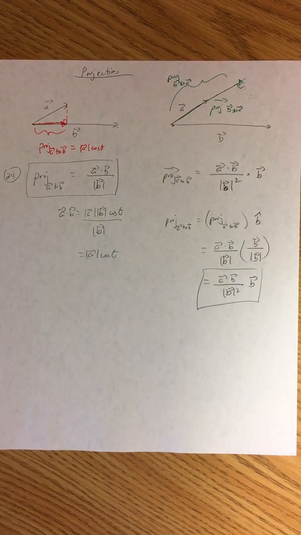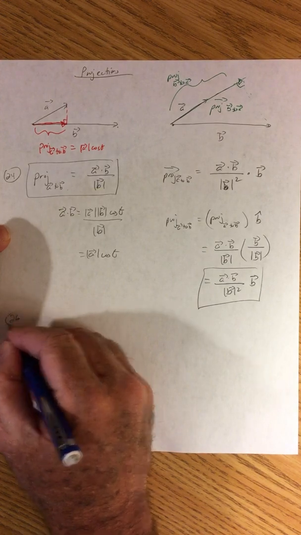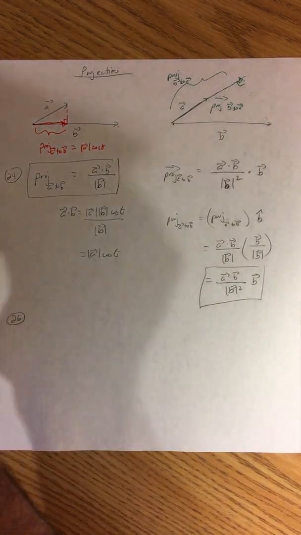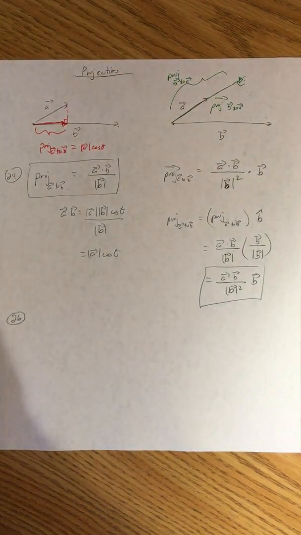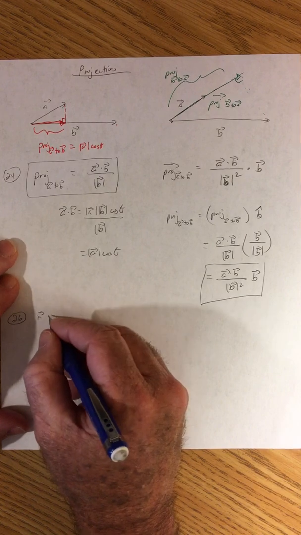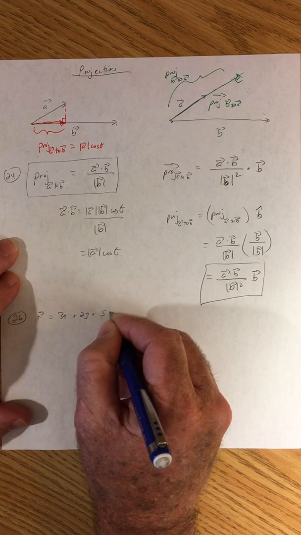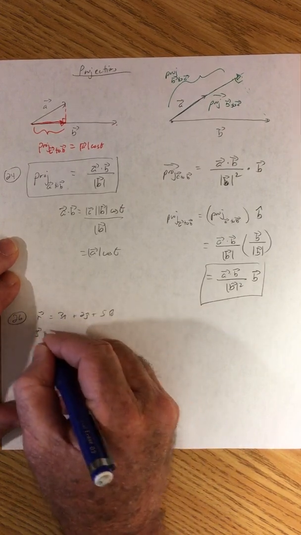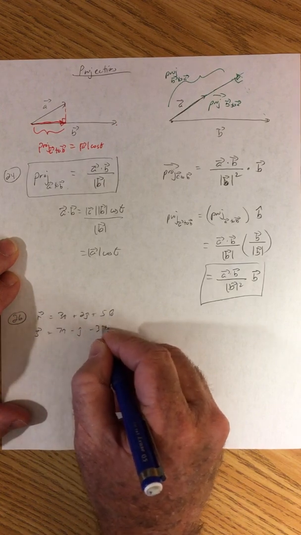All right, let's do an example. Problem number 26. Let me get my notes. Here we are. We're given R and S: R is 3i plus 2j plus 5k, and S is 7i minus j minus 3k.